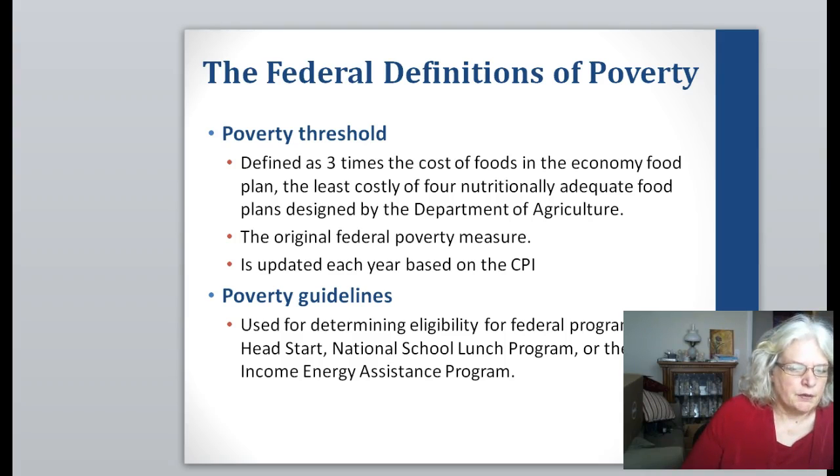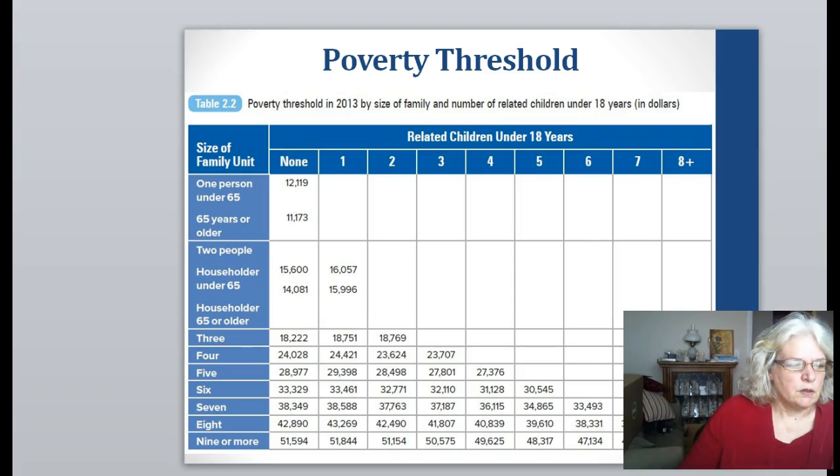Interesting, when we look at those poverty guidelines, and we look at a town or an area like Mansfield, more than 50% of our student population qualifies for eligibility for a federal program such as free or assisted lunches.